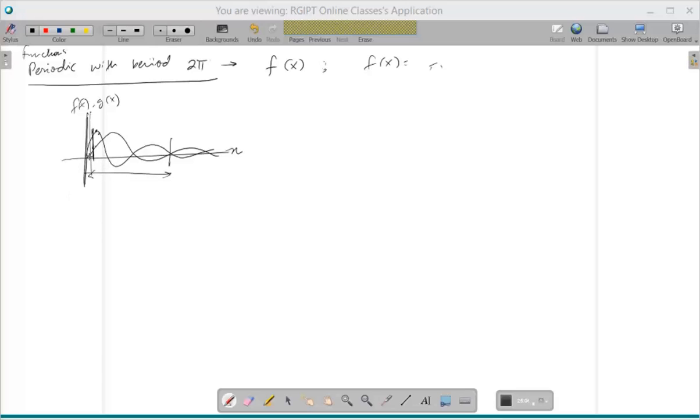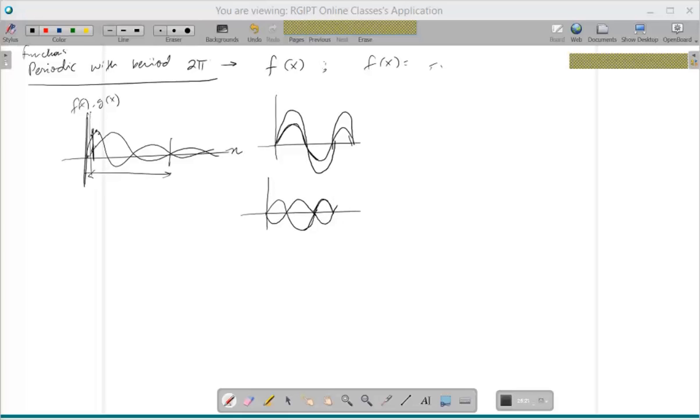A simple idea: if they are perfectly overlapping, they would be the same, they would go like this. If they're perfectly non-overlapping, they would probably be like this, a reverse overlapping kind of thing. In this, whenever this is positive, this is negative. So if you multiply this and add it up, this should turn out to 0.